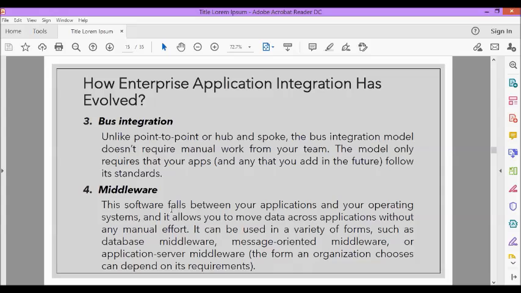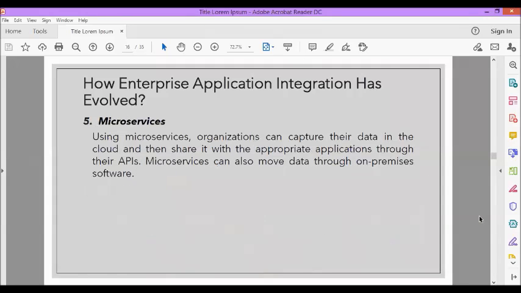The form an organization chooses can depend on its requirements. The middleware tools support communication and data transfer between a distributed group of applications, making it easy to consolidate database entries and synchronize data across disparate systems.